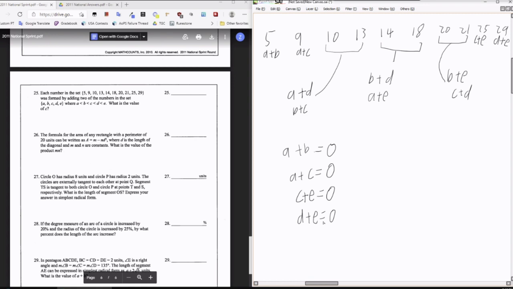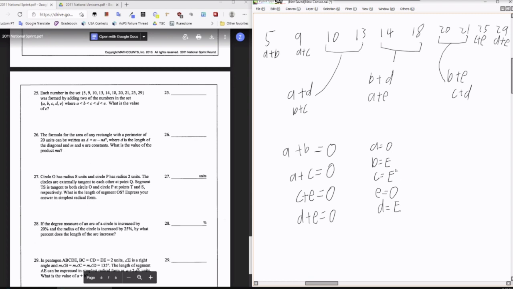If we do that, then we can say that B is even because of the first thing, C is even because of the second thing. And then if C is even, then we know E is odd from the third thing, and then D will have to be even from the last thing. So that was if we assumed A was odd.